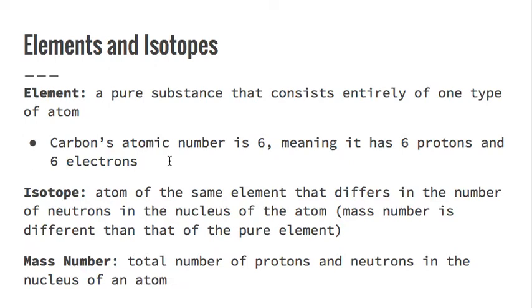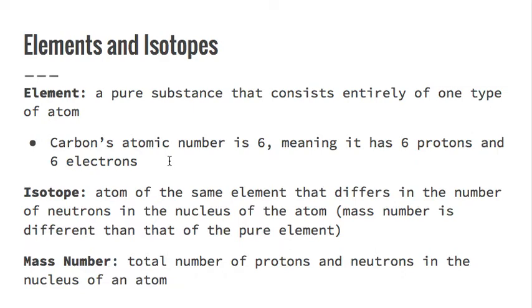An isotope is the same element, but it differs in the number of neutrons, so it's going to weigh a different amount. If you remember, an atom is made up of protons, neutrons, and electrons. Protons and neutrons together make the nucleus of the atom. And the mass of an atom is determined based on the weight of that nucleus.